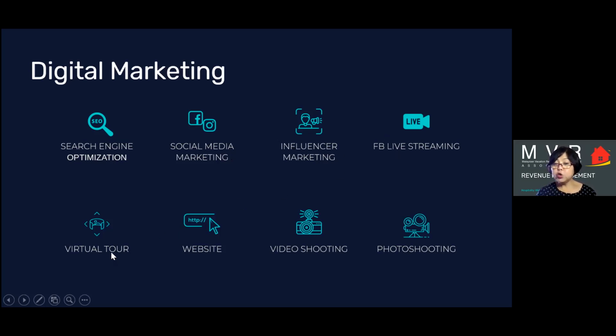You can do virtual tours. Now people can come to a hotel and shoot a virtual tour, upload it into your website, upload into Facebook, have your website done up, fresh and clean, and do a video shooting wherever you can, upload to YouTube, and do a refreshed photo shooting.